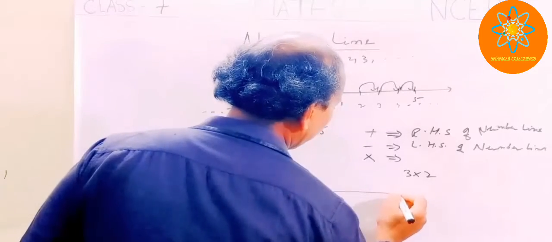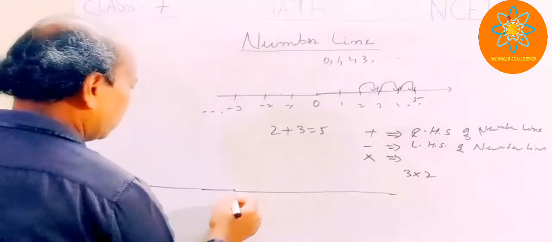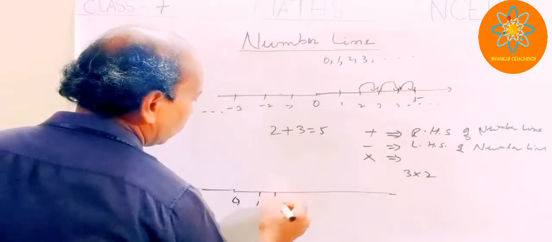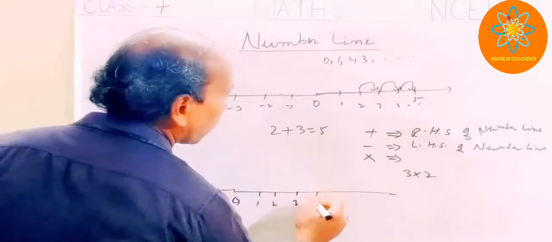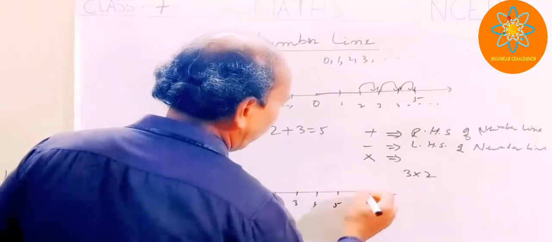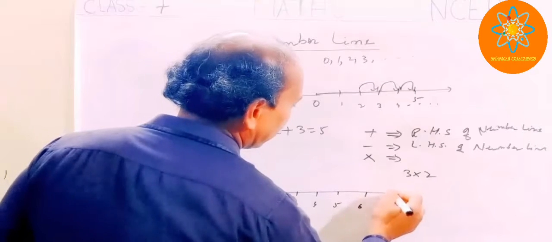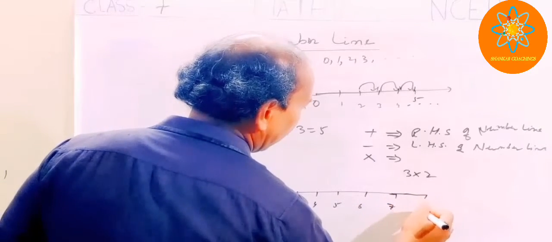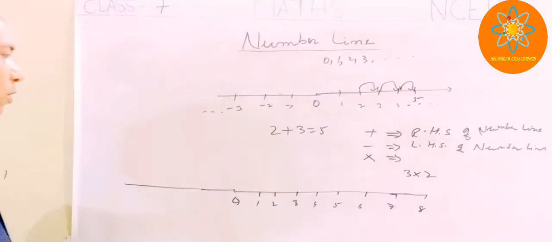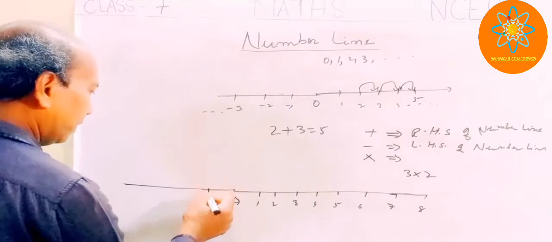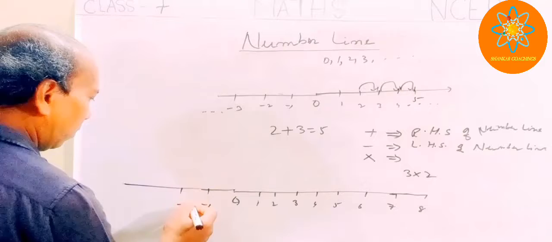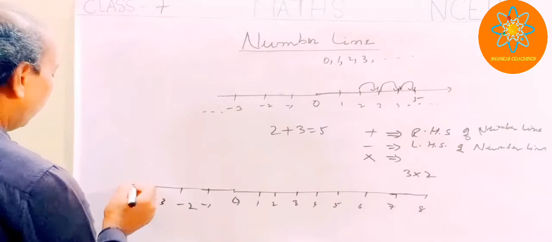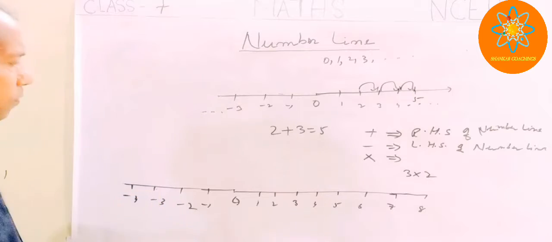So this is 0, 1, 2, 3, 4, 5, 6, 7, 8, and so on. Similarly, from the left hand side, you will put -1, -2, -3, and -4, and so on.